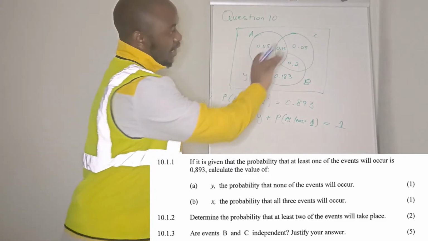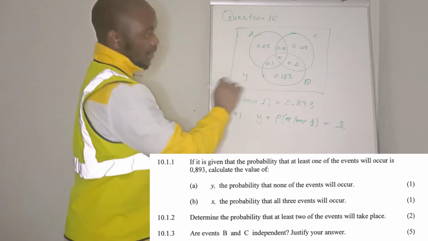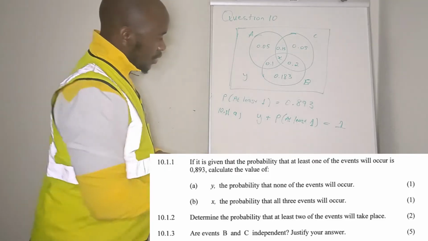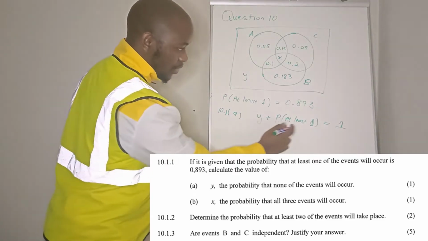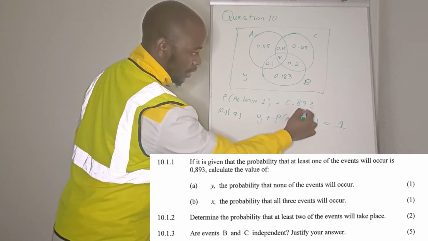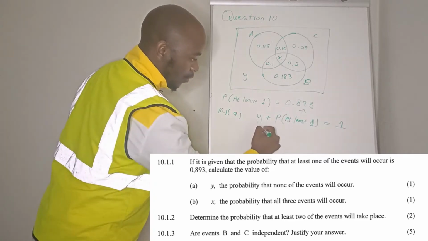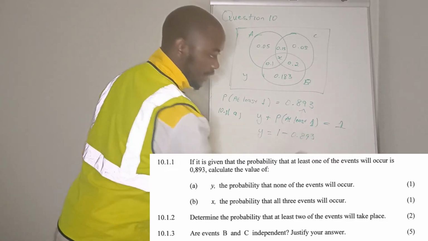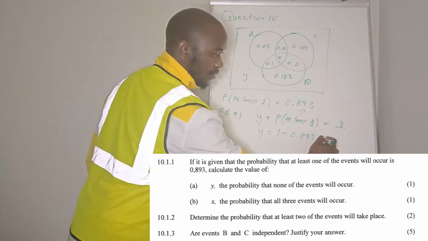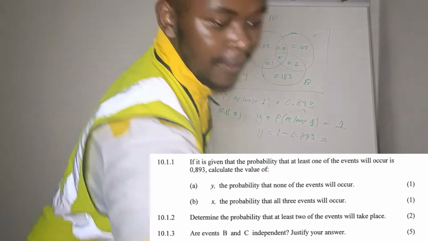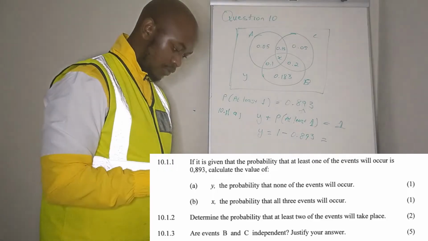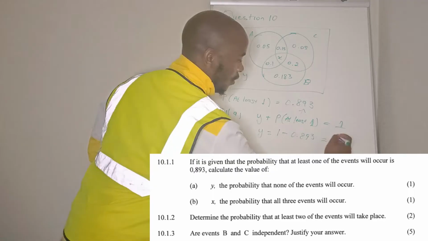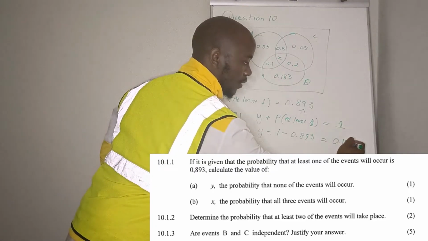Y is saying that none of these events occur, so we're outside of the circles, but within the same sample space. So to find the value of Y, we simply take the probability of at least one to the other side, so we have Y equals 1 minus 0.893. The answer is 0.107.